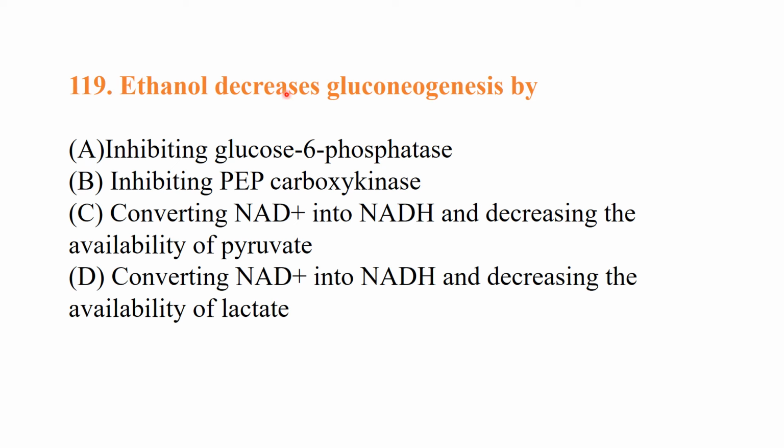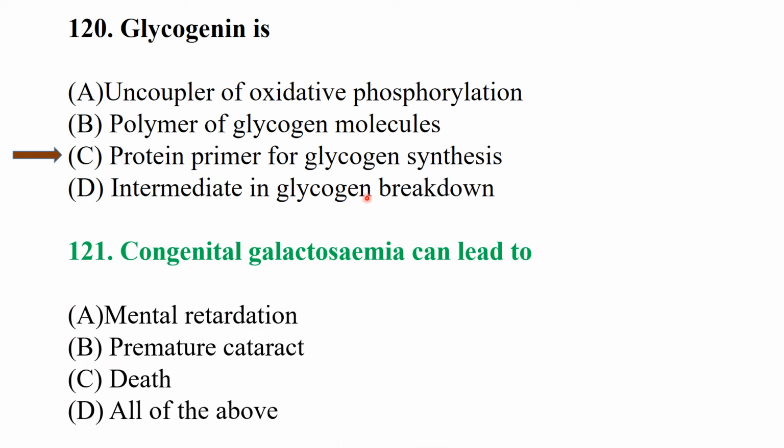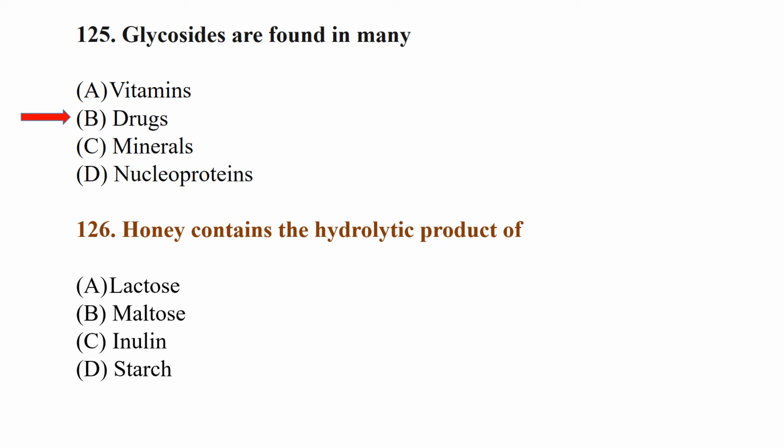Ethanol decreases gluconeogenesis by converting NAD into NADH and decreasing the availability of pyruvate. Glycogenin is the protein primer for glycogen synthesis. Congenital galactosemia can lead to all of the above.